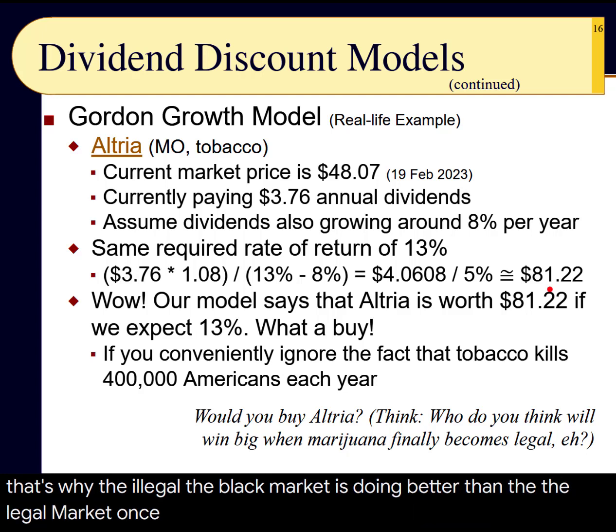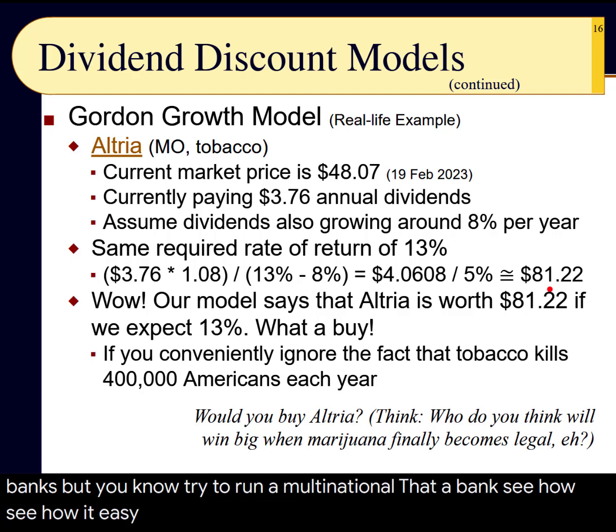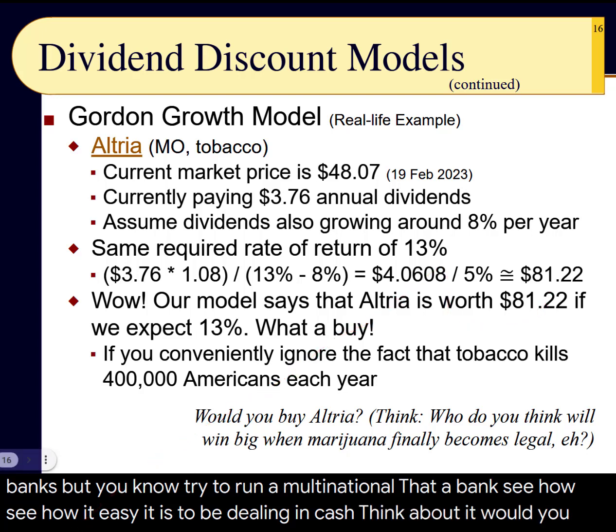Once banks can be used, because folks, I know we criticize the banks, but try to run a multinational or even a national corporation without a bank. See how easy it is to be dealing in cash, right? So think about it. Would you invest in Altria?